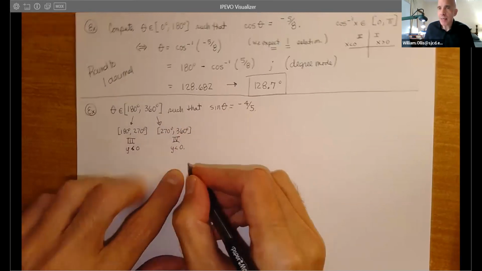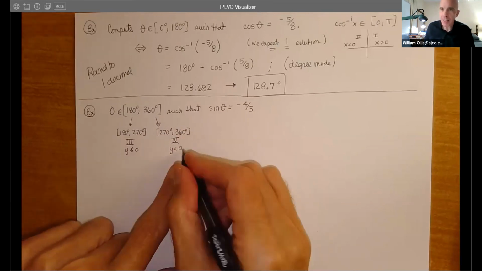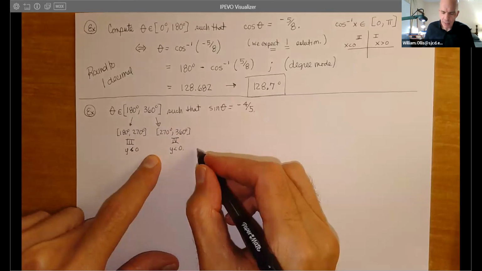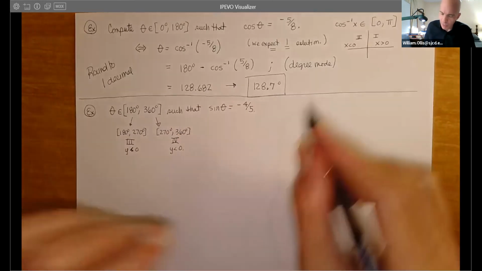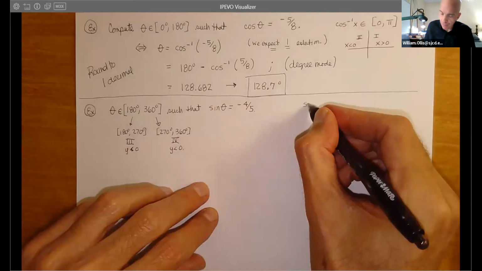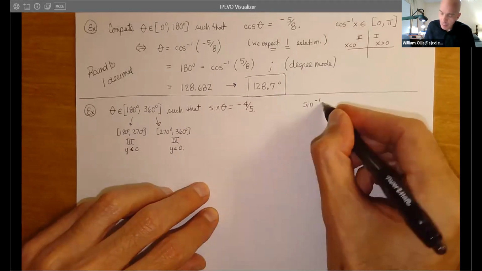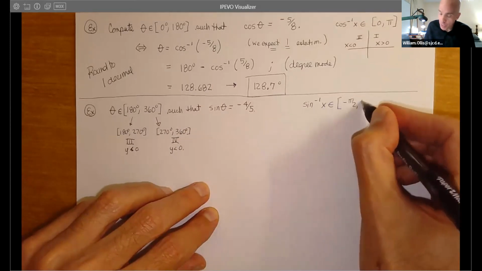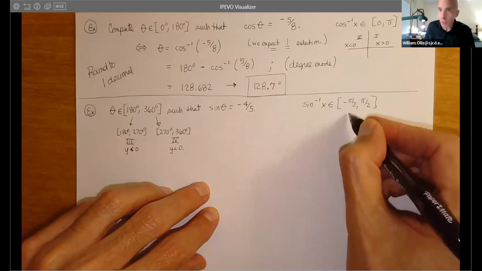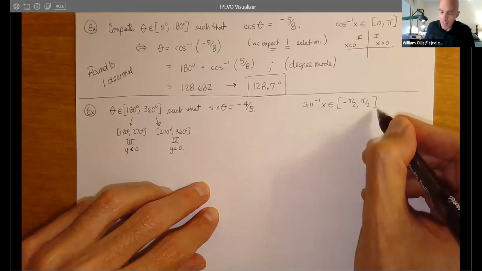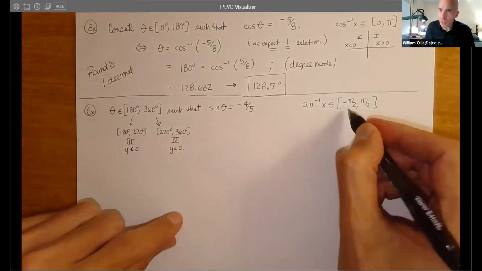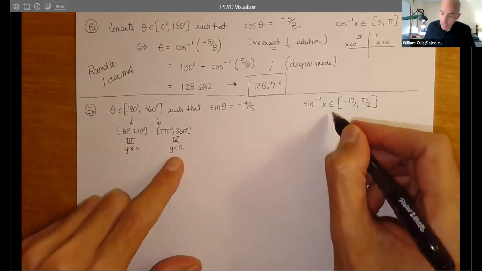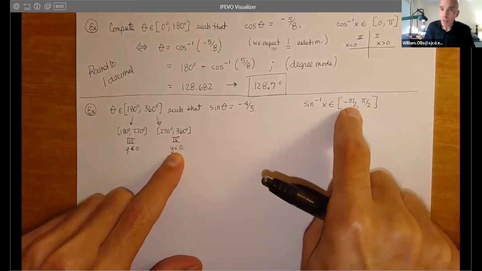So what we're seeing here is that we have a complexity that we didn't have with the cosine function. Inverse sine of x lives between -pi/2 and pi/2, or we can say -90 degrees to +90 degrees. But this negative part here, -pi/2 to 0, that's in the fourth quadrant because that's a clockwise measurement. So these two correspond.